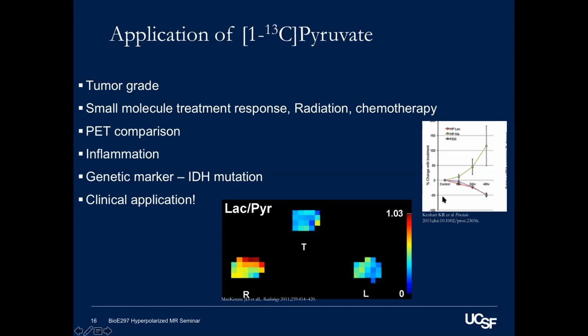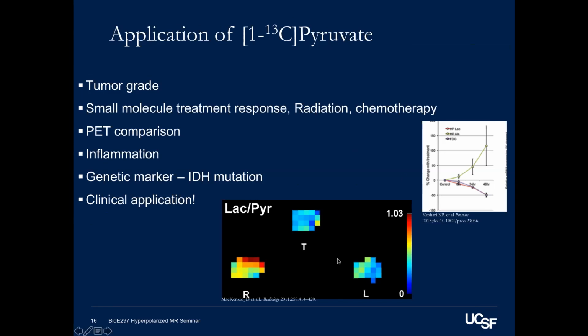And what we showed is that in the PET setting, the decrease in the lactate signal and the FDG signal correlated very well. But we also had additional information from the hyperpolarized data: a much greater production of the alanine signal with a concurrent decrease in the lactate, showing alternative pathways or escape mechanisms of the cancer cells that we could further attack in combinatorial therapies and things like that.